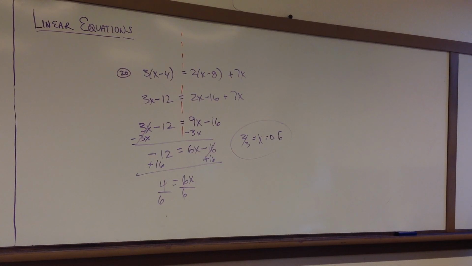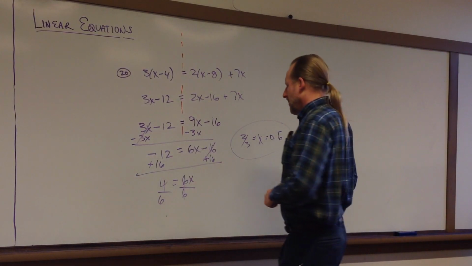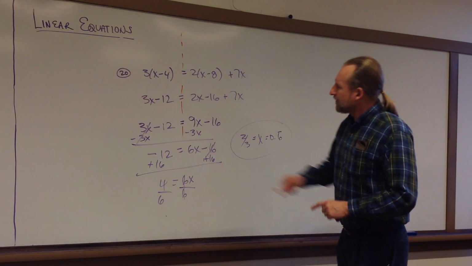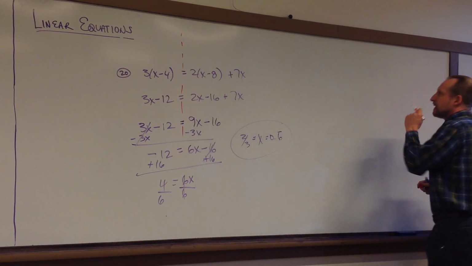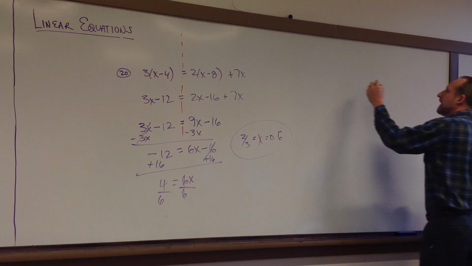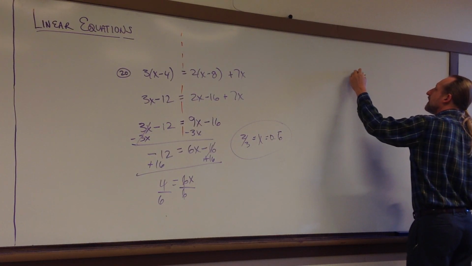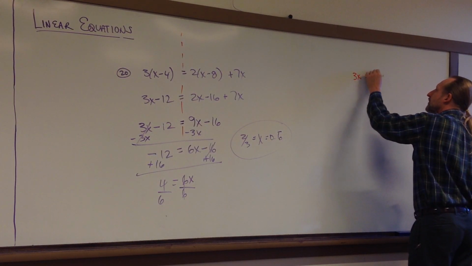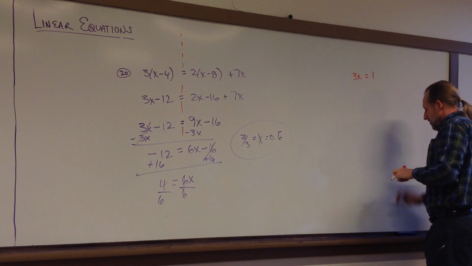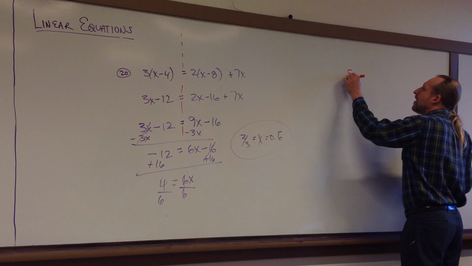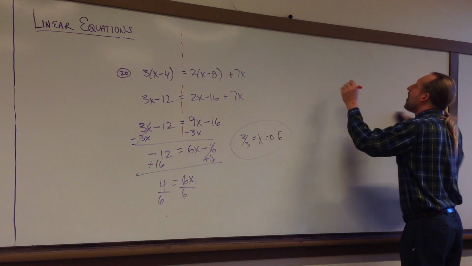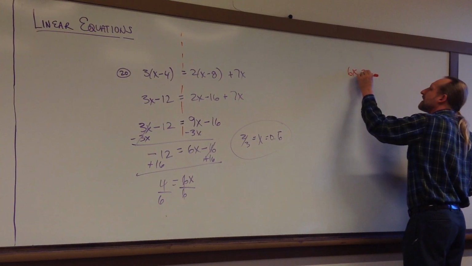Okay? Now, something that happens here, sometimes when people see, well, let me make up a new example here. This is the classic example. Let's say 6x equals 3.